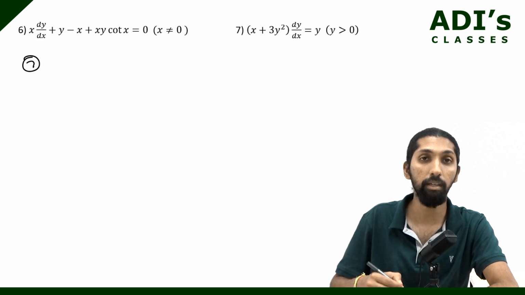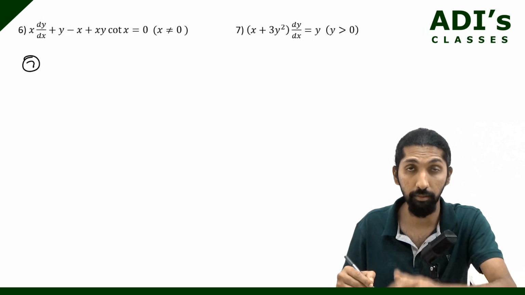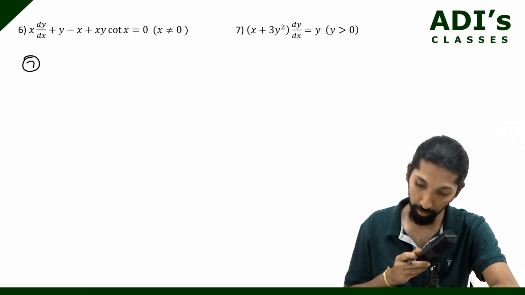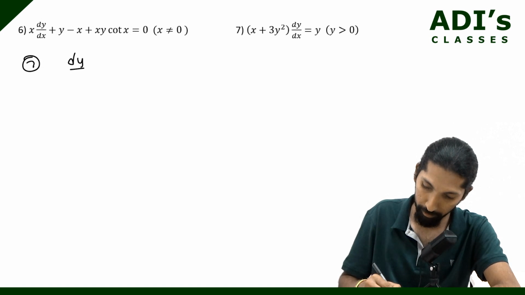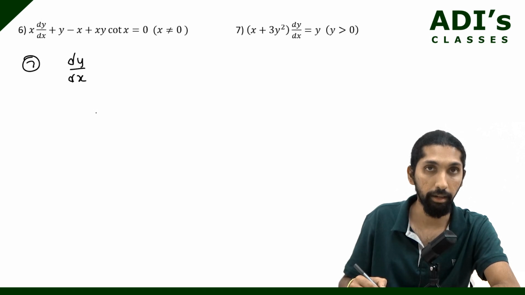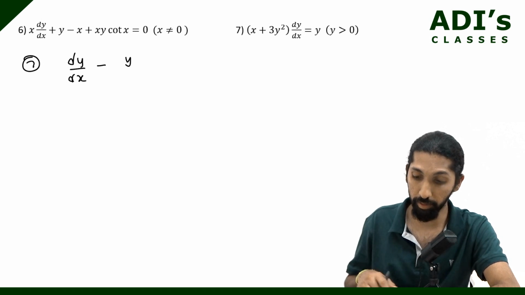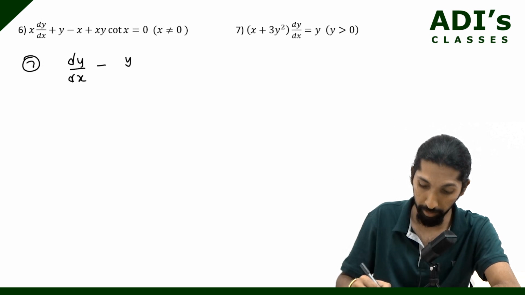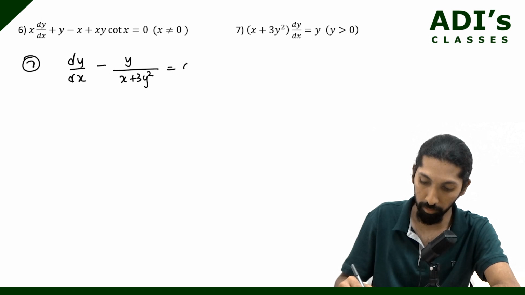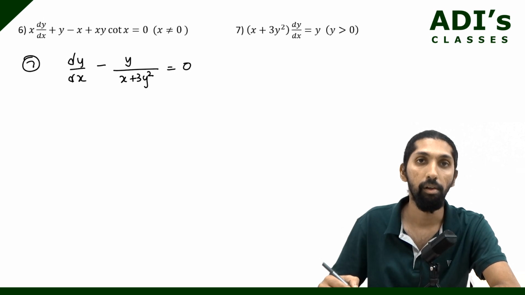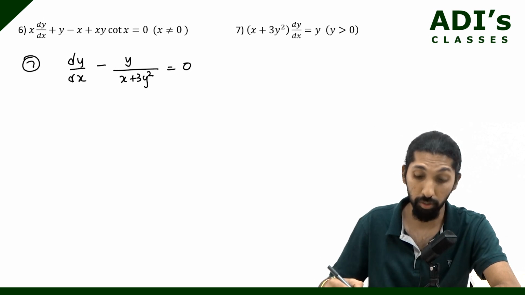See, for the seventh one, again, divide, get it in the standard form first. So what we are going to do is dy by dx minus y divided by x plus 3y square is equal to 0. We can't get it anyway, correct? So what do you do?